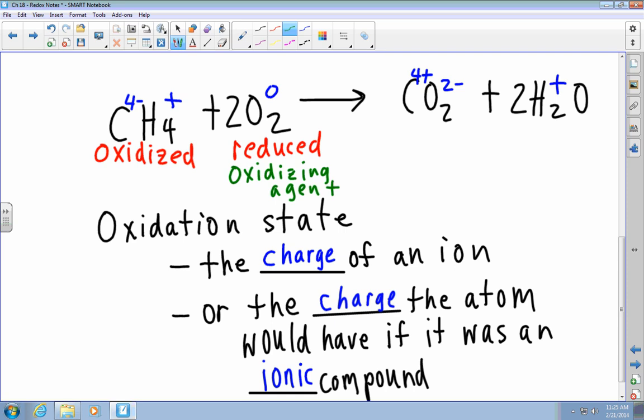And oxygen is usually an oxidizing agent. That's where the name of this whole reaction type, oxidation reduction, comes from. So oxygen is normally the oxidizing agent, and so in CH4, the carbon is the reducing agent. Okay. And we won't bother to do half reactions for this one.